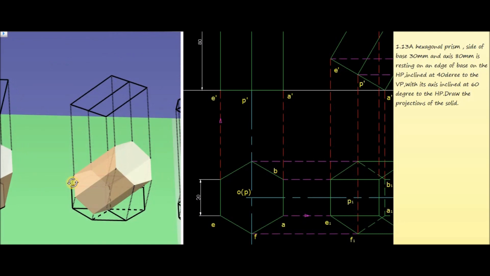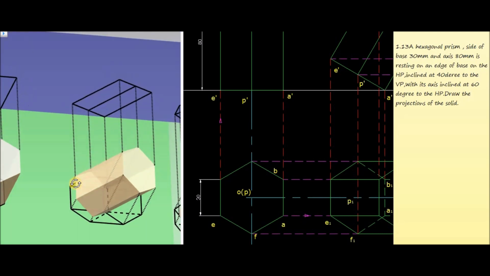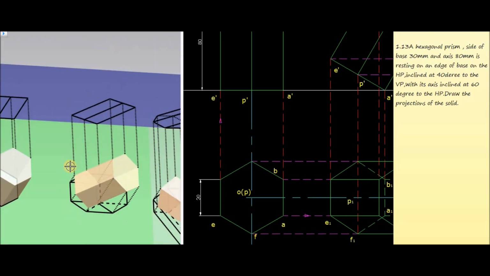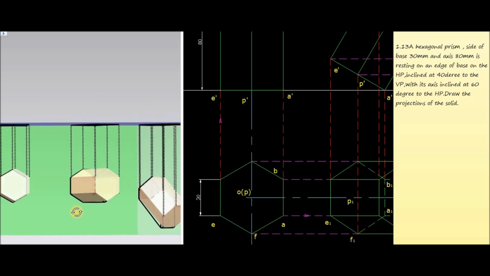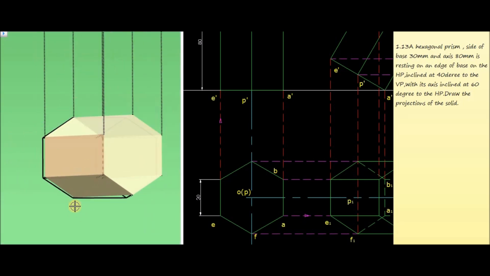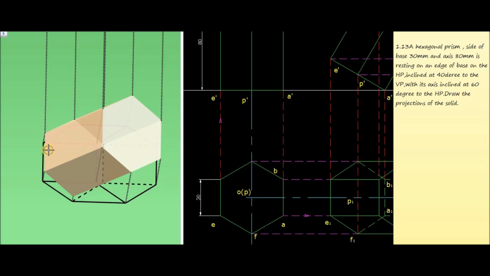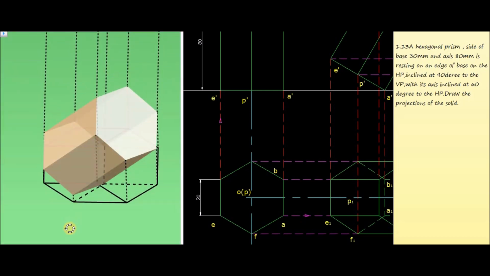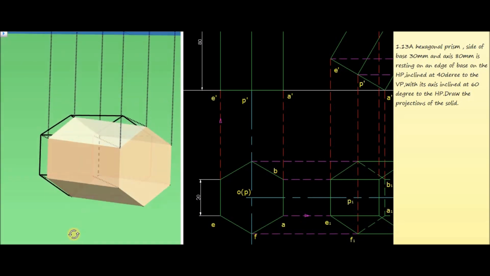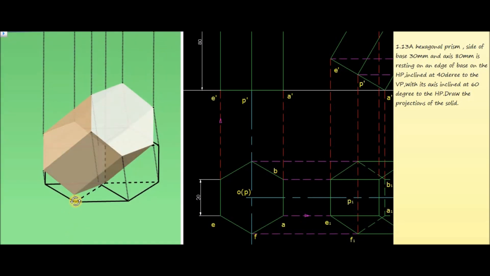And now for getting the top view, we have to observe this object from the top side. Again, there will be visible edges and edges which are not visible when we are looking from the top side. So the outer edges are all visible.